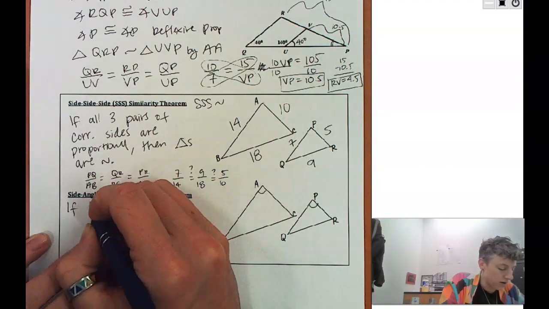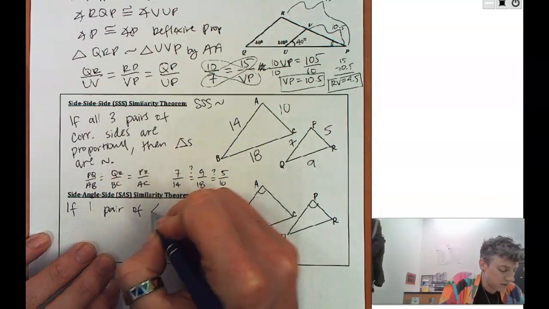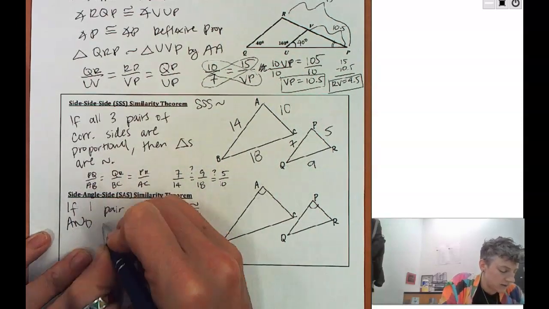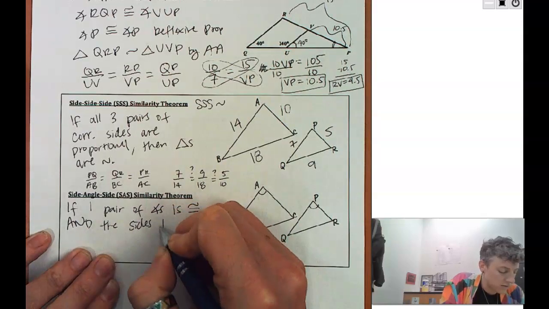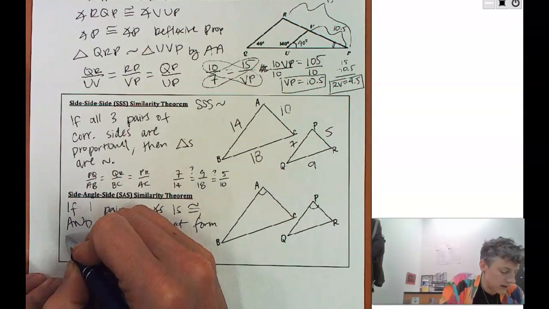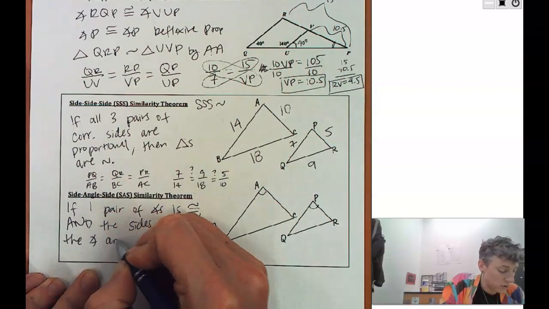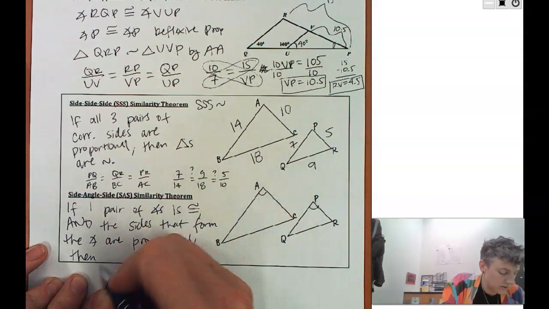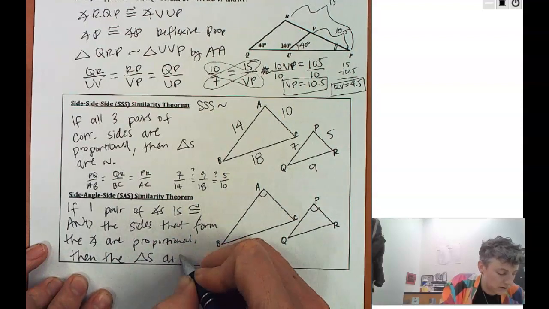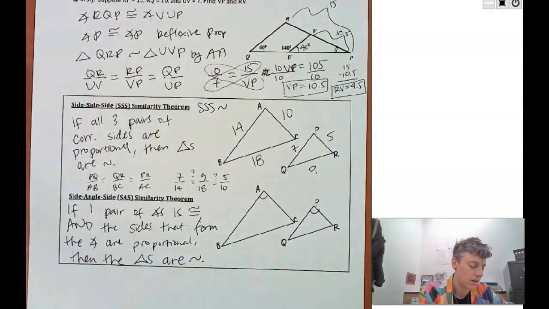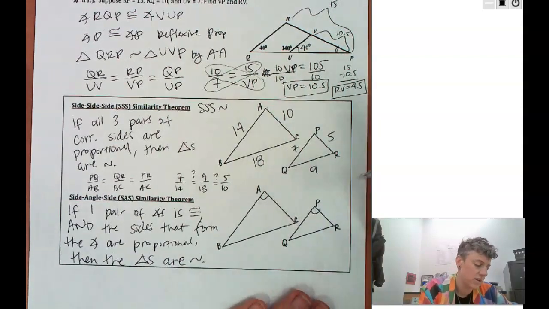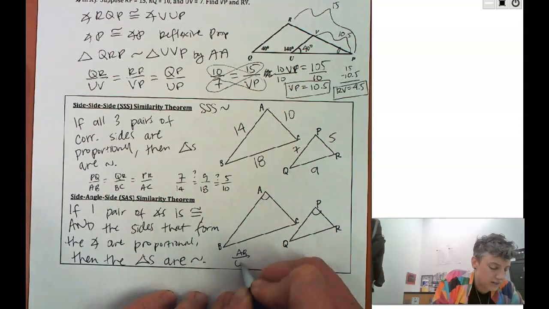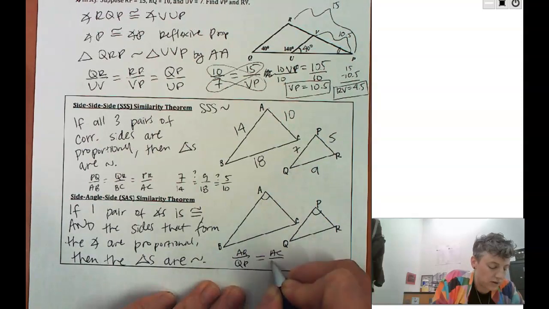If one pair of angles is congruent and the sides that form the angle are proportional, then the triangles are similar. We've got a pair of angles that are congruent. We would need to show that AB over QP is equal to AC over PR.